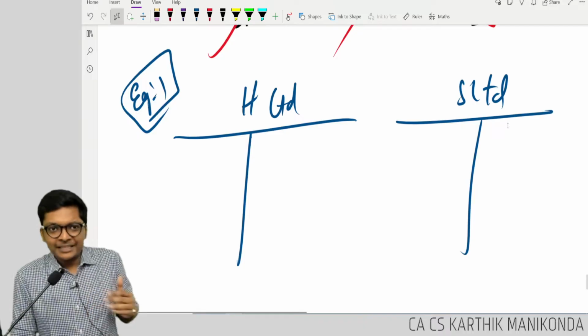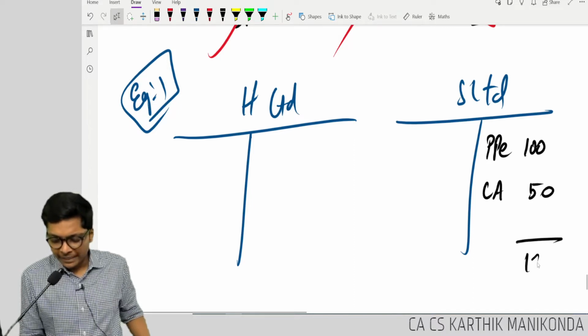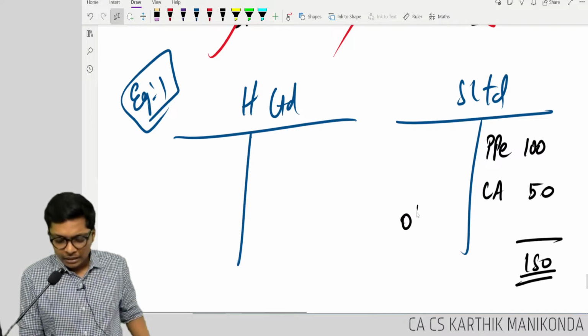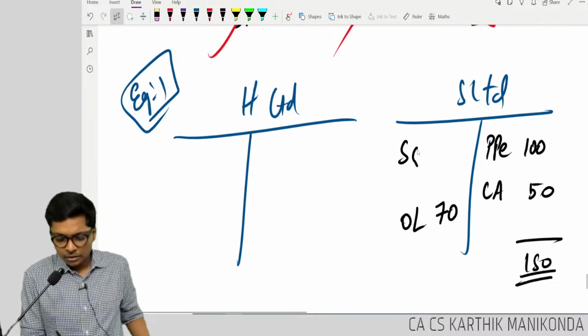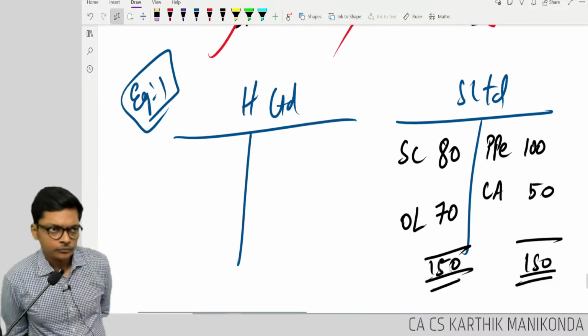Let me write the subsidiary's balance sheet first. Property, plant, equipment 100. Current assets 50. Balance sheet total 150. Other liabilities 70. Share capital will be how much, guys? 80. Are you following, guys?